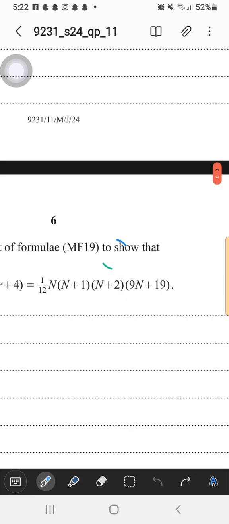So we are going to solve this question using the formulas from MF19. Let me tell you what formulas we will use from MF19.